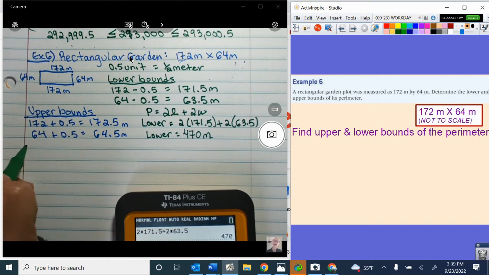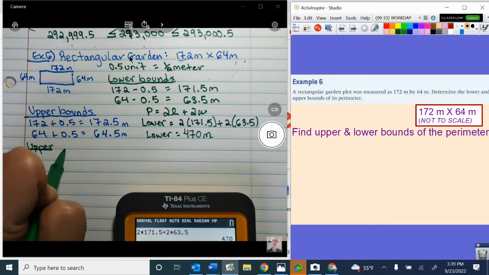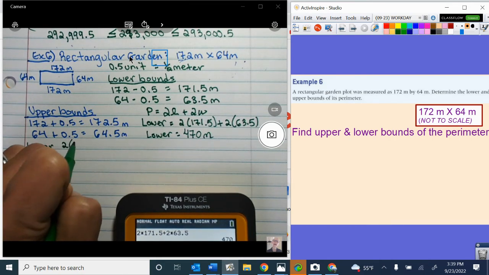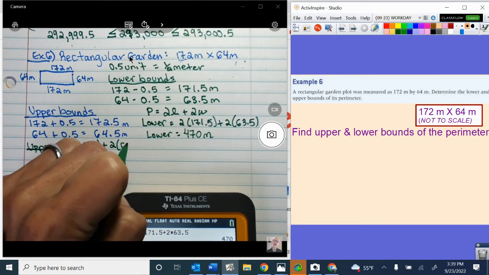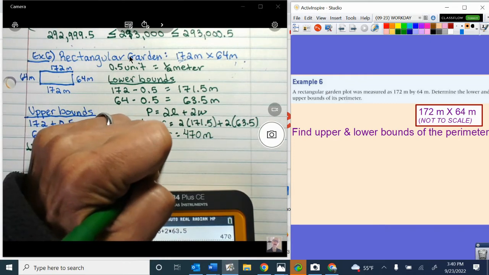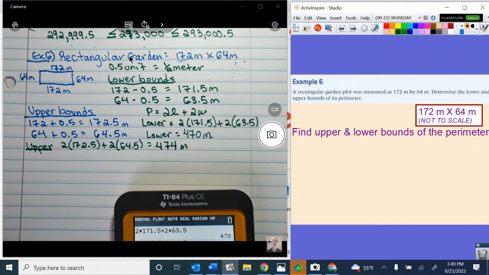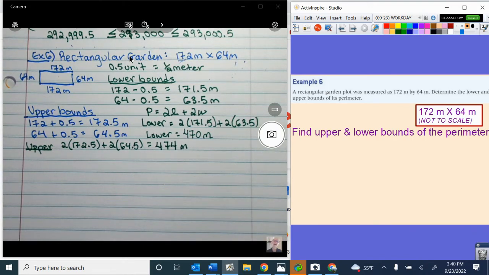And then looking at the upper, we would take 2 times 172.5 plus 2 times the 64.5, and get 474 meters.